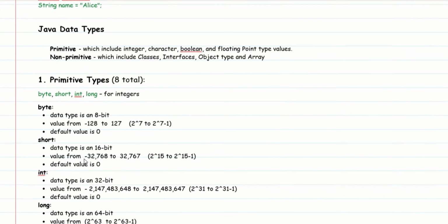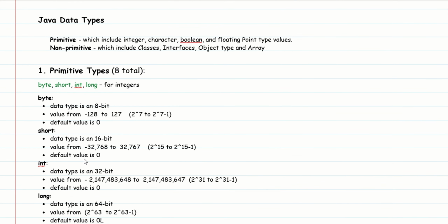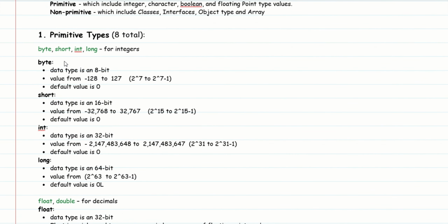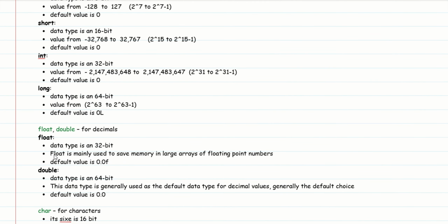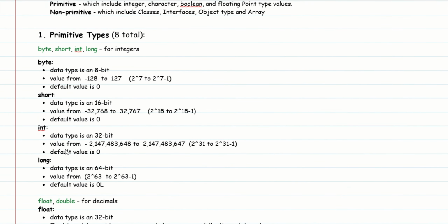A byte data type is 8-bit, with values from -128 to 127. The default value is 0, and basically the default value for byte, short, int, long, float, and double will be 0 only.